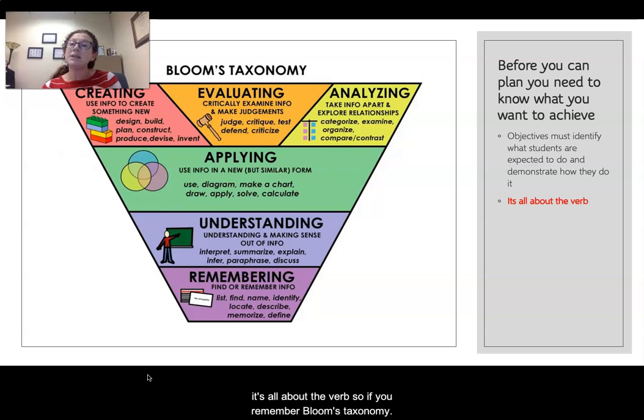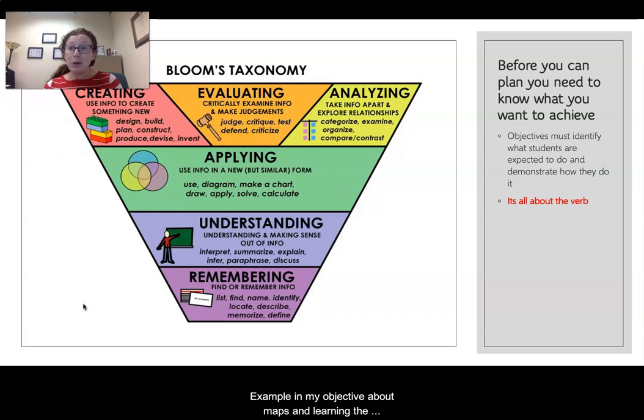So if you remember Bloom's taxonomy, then we know that we are going to be moving up through levels of thinking. So for example, remembering, understanding, and applying are pretty good, but once you start to get into the creating and evaluating and analyzing, that's a higher level of Bloom's.